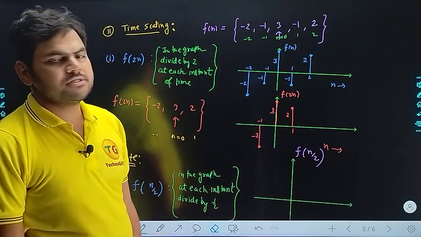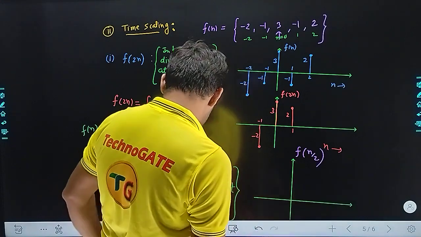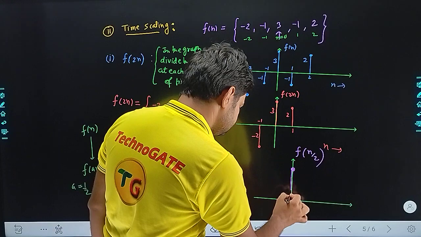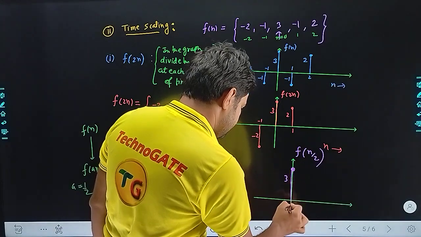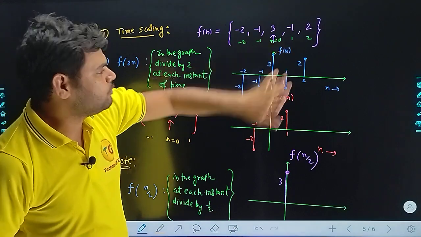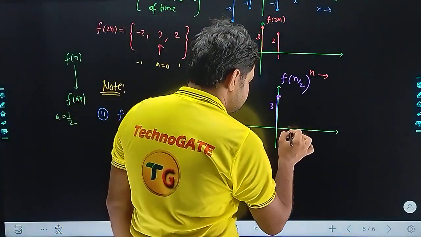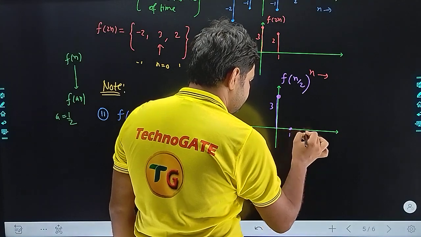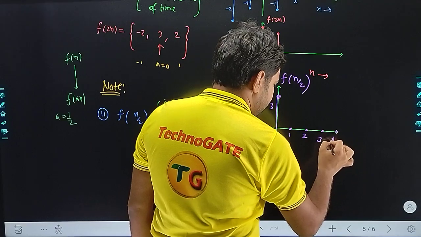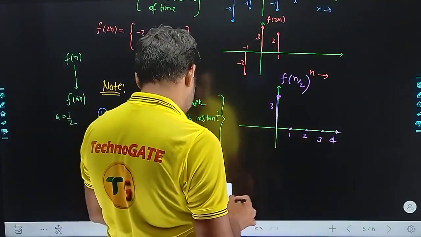See, n is equal to 0 sample will not get affected at all. You can simply write it over here. This is n is equal to 0 sample. If we talk about n is equal to 1 sample, that reaches at n equal to 2. This is a discrete scale where n equal to 1, 2, 3, 4, 5, 6, 7 and so on.